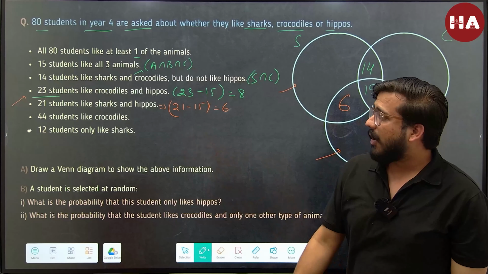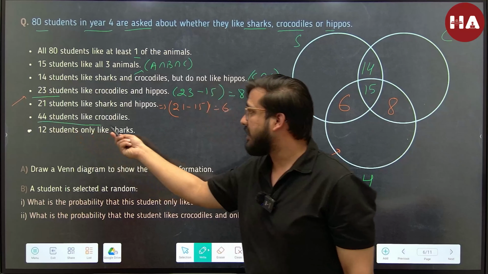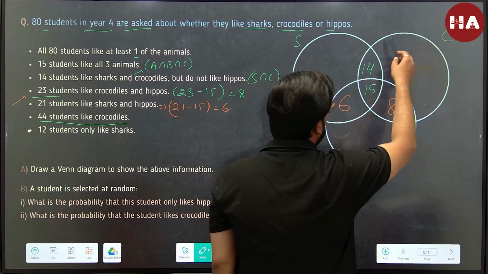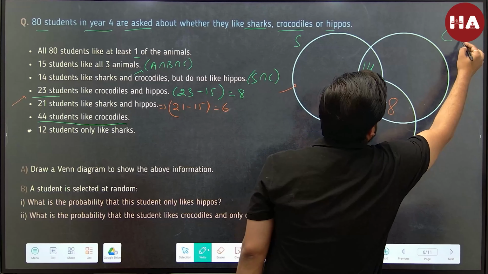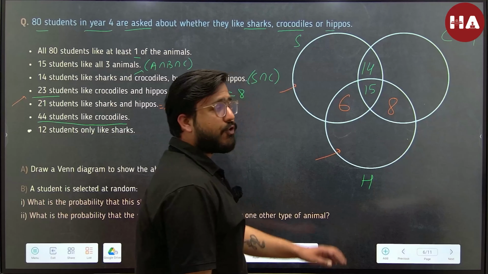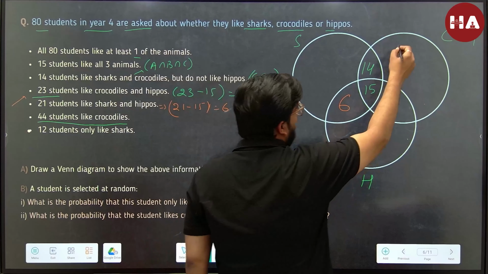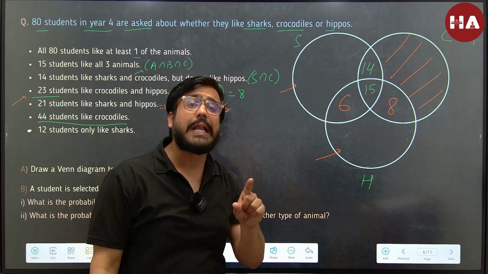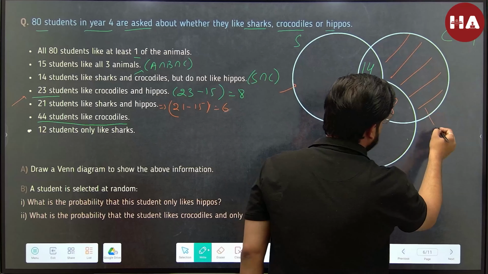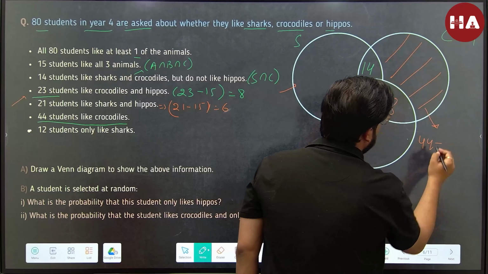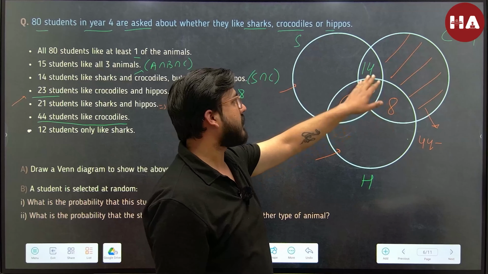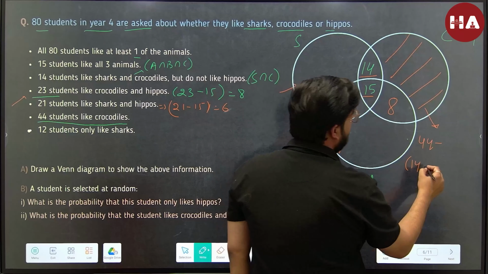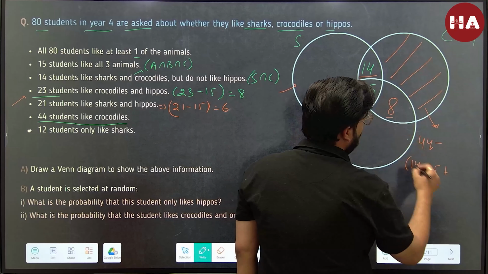Now you can see that 44 students like crocodiles, so this whole set of crocodiles equals 44. How do we find this area, the students who like only crocodiles? It will be the total number 44 minus the numbers that are already counted: 14 will be excluded, and 15 and 8 will also be excluded.